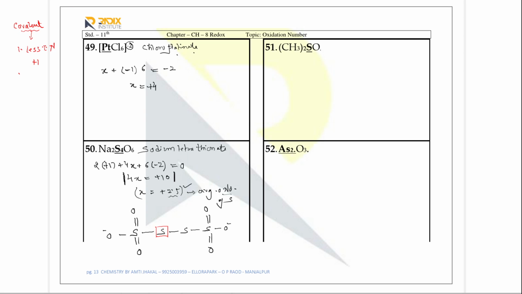The more electronegative atom gets minus 1 per bond. And further, for a covalent bond between the same atoms, or atoms of the same element, we assign 0 oxidation number.